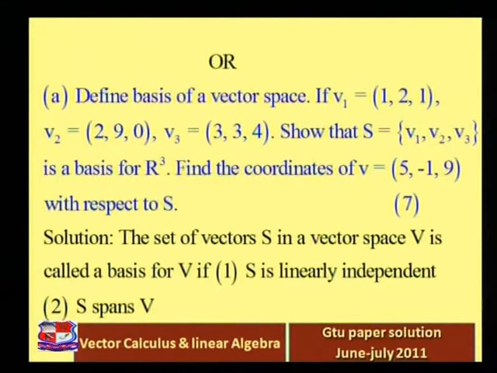First you have to write down the definition of basis for a vector space V. Then you have to check whether these 3 vectors v1 v2 v3 of R3 are a basis or not. And then we want to find the coordinates of this particular vector 5 minus 1 9 with respect to S. S means these basis vectors v1 v2 v3. And this question was asked for 7 marks in the GTU question paper.